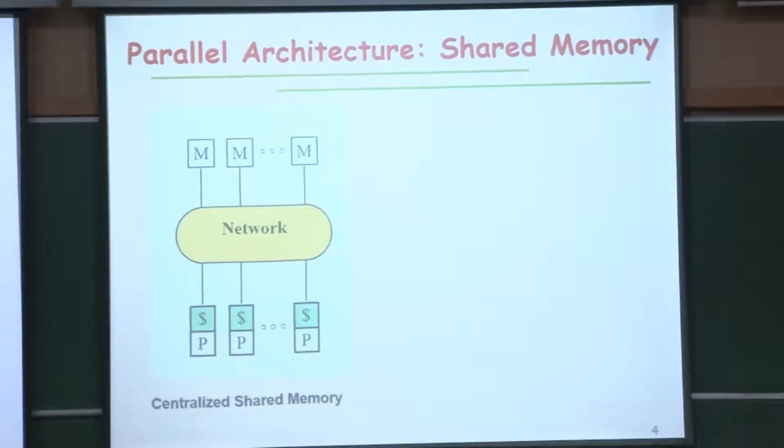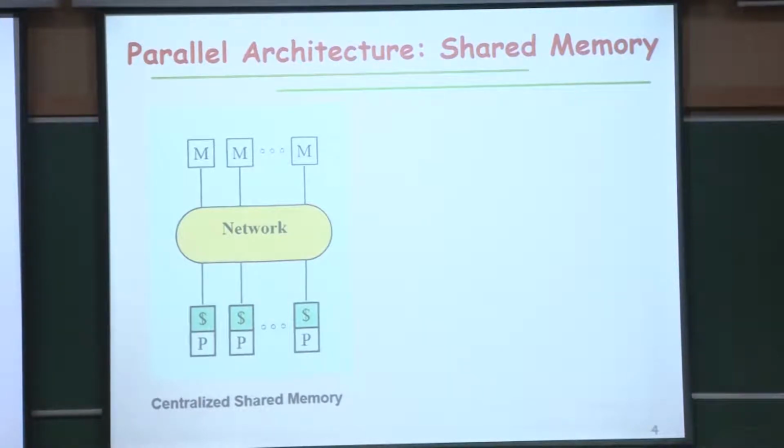Let us start off with a simple parallel machine which has multiple processing cores, as you can see here, and multiple memory modules together giving me a shared memory. In addition, it could have some level of caching.